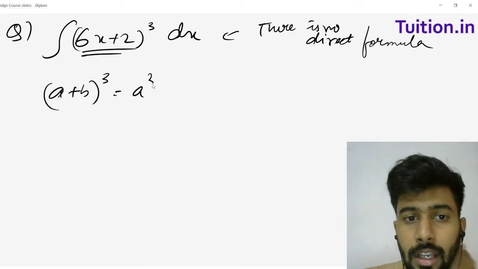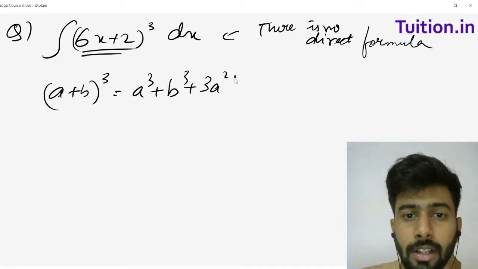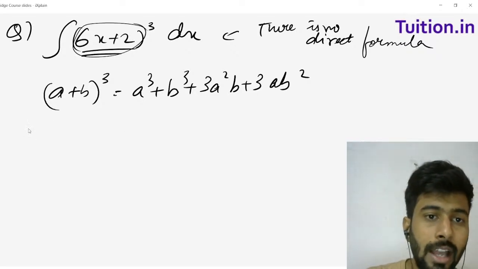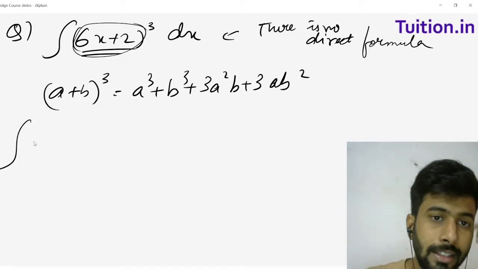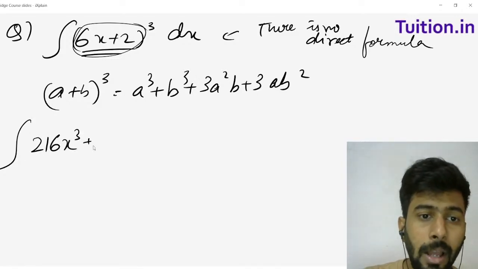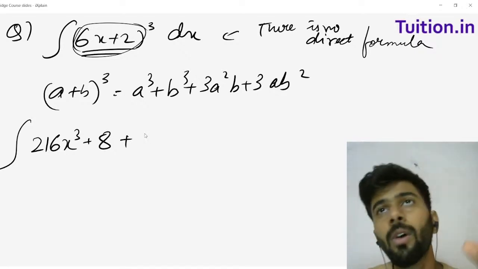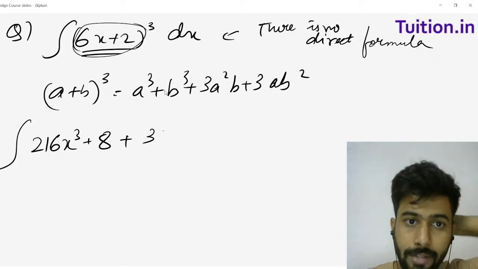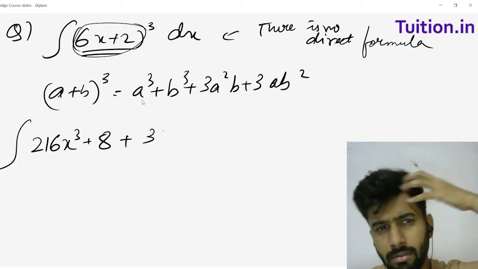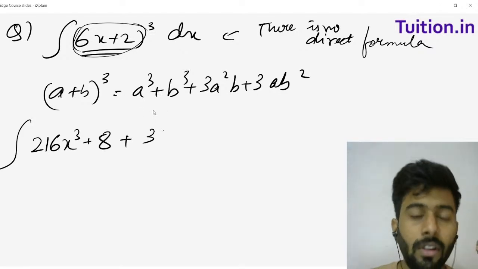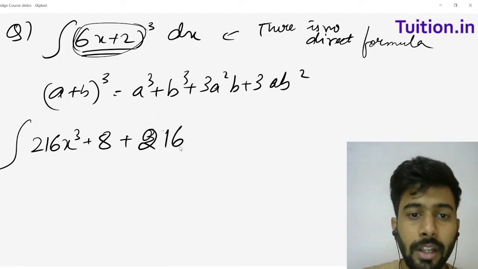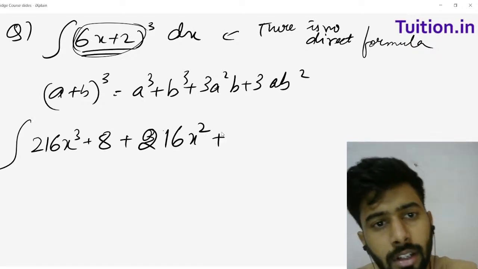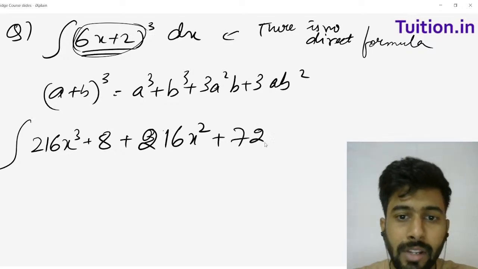I hope you guys know this: a cube plus b cube plus 3a square b plus 3ab square. Either you can do that and split this as 6x whole cube, which is 216x cube, plus 8, plus 3a square b, so 3 into 36 into 2, so 216x square, or you could have 3 into a, which is 18, into 4, which is 72x.